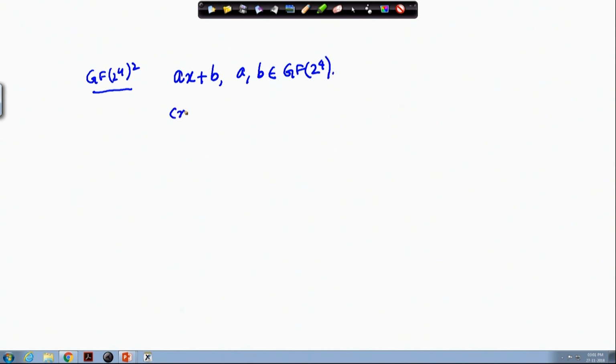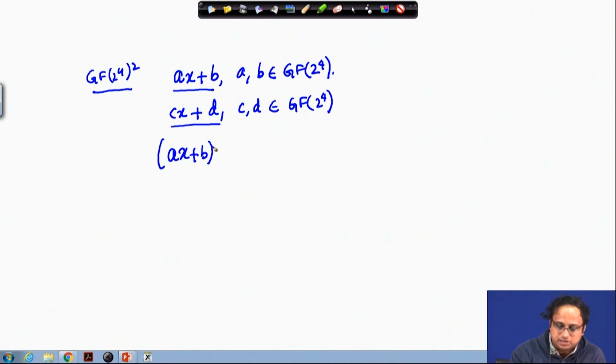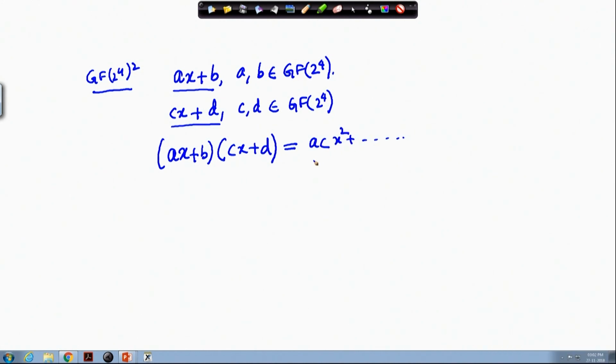Likewise, I can take another element in the field and denote it as Cx plus d, where C and d are again elements from GF(2^4). Now if I consider a product, I am writing this element in the polynomial basis as in the last class. If I multiply Ax plus b with Cx plus d, I will get elements like AC x square plus so on. Note that this is no more in the field GF((2^4)^2) because I get a degree which is 2.